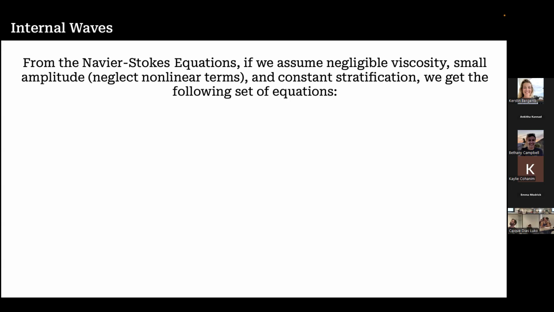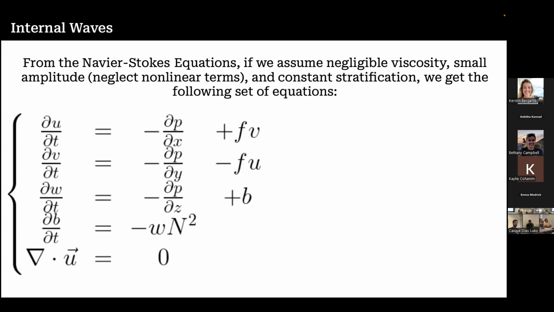The assumptions: first, we're going to neglect viscosity. We're going to assume small amplitude, basically neglecting nonlinear terms. For this example, we're going to assume constant stratification, and then all the Navier-Stokes equations that we saw simplify to these. I'm not going to go over the whole derivation of the dispersion relationship.